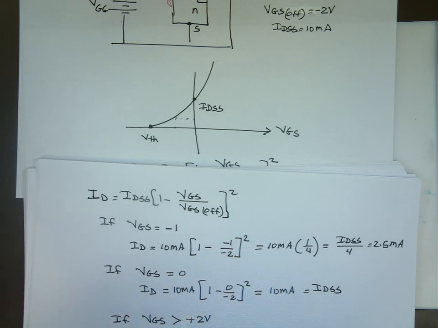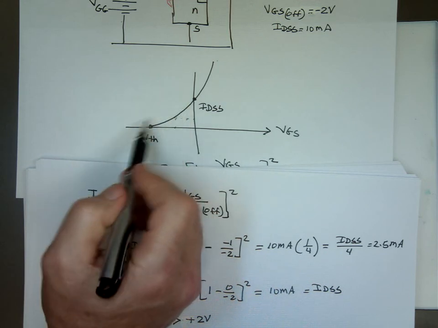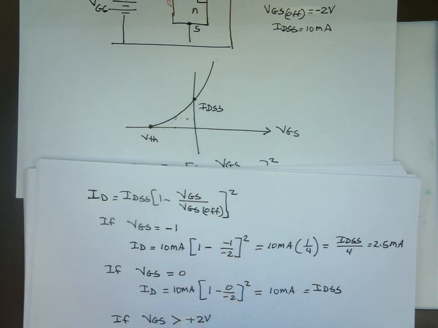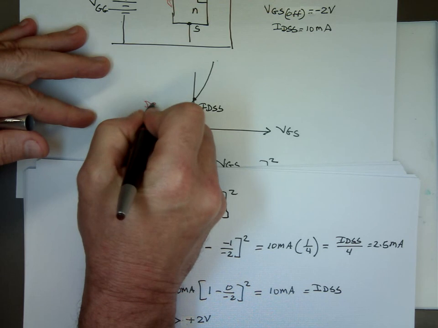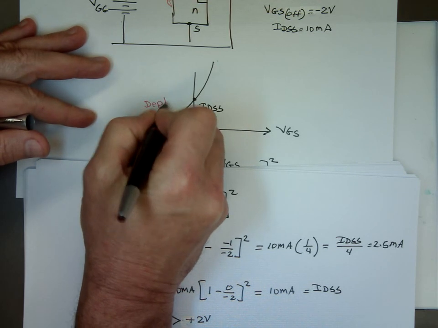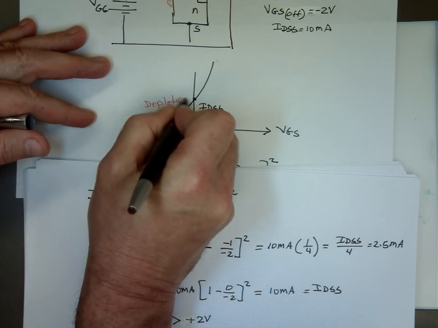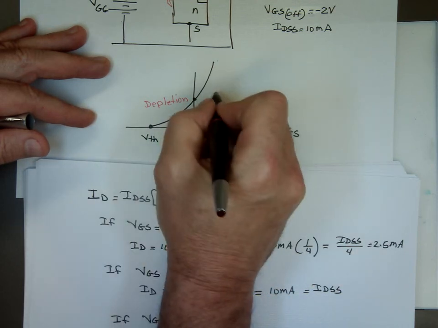When you are in this mode to the left, that's called the depletion mode. And when you're in this mode, that's the enhancement mode.